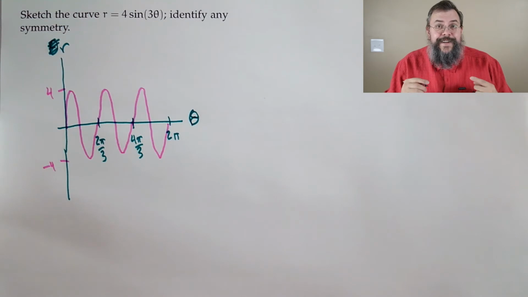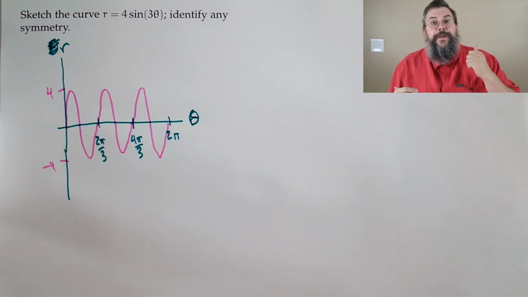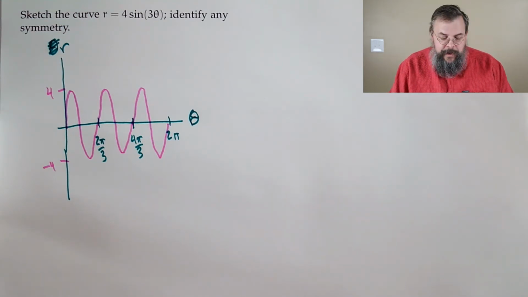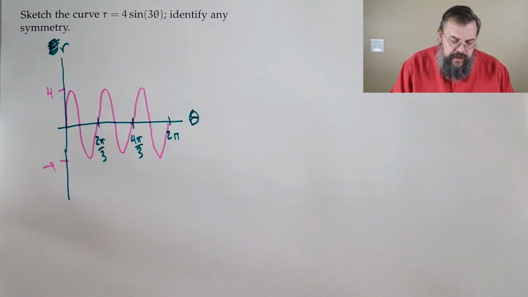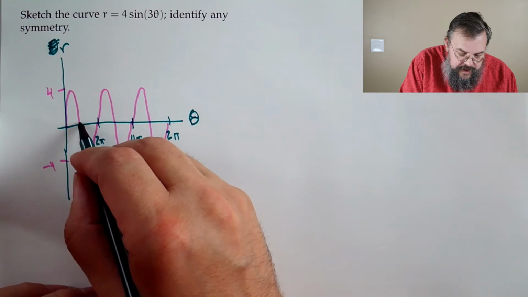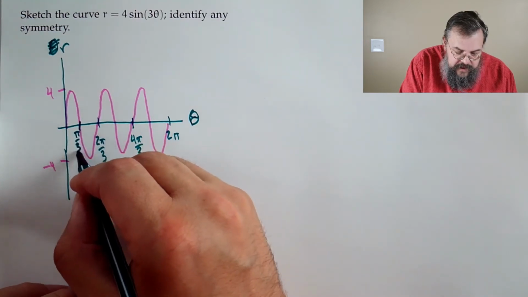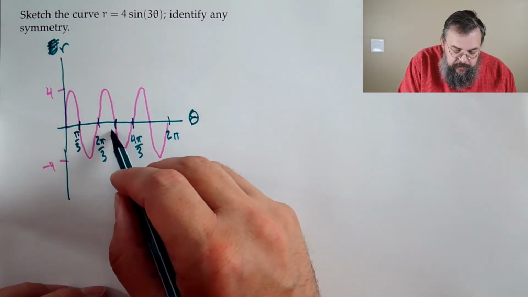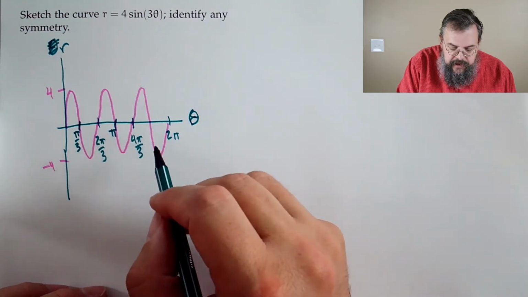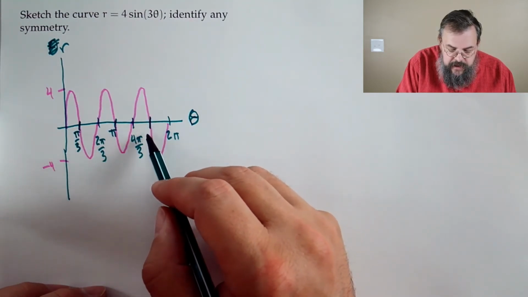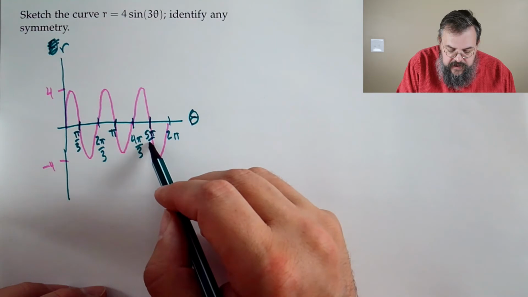So the next thing for us to mark is where are the interesting points? Well, the interesting points are going to be at the zeros. So that's at pi thirds, halfway in between here, pi, halfway in between 2 pi and 4 pi thirds, and then here, it'll be 5 pi thirds.